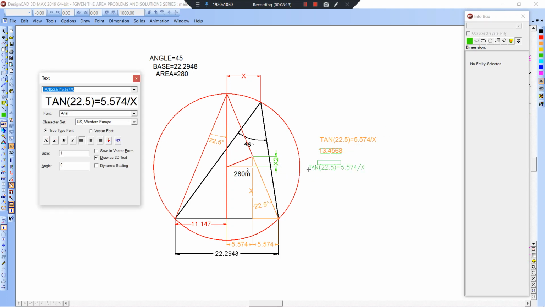So tangent is equal to x over 5.574. So there we go.